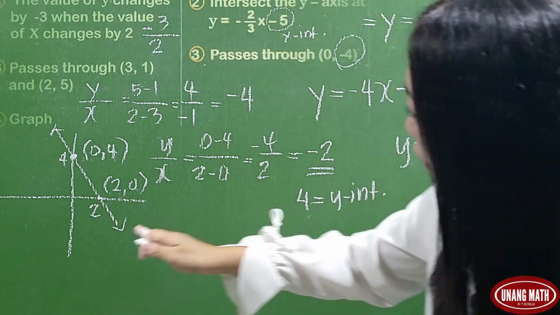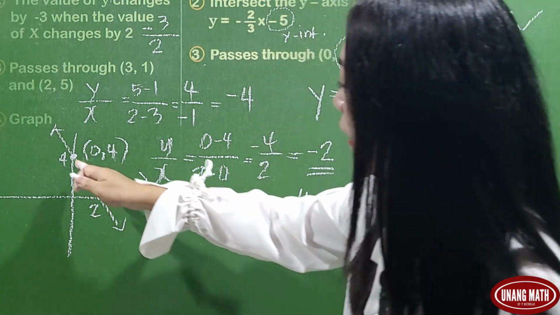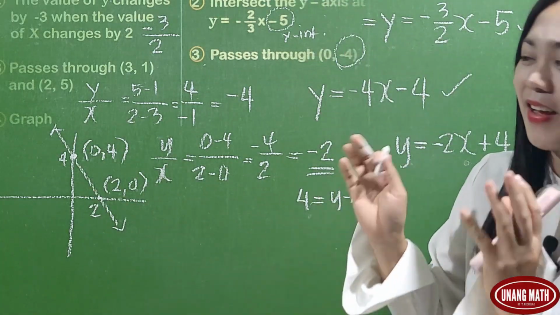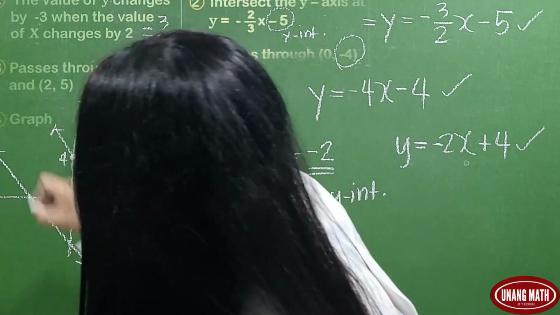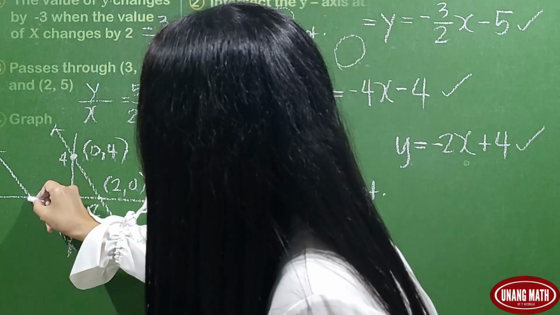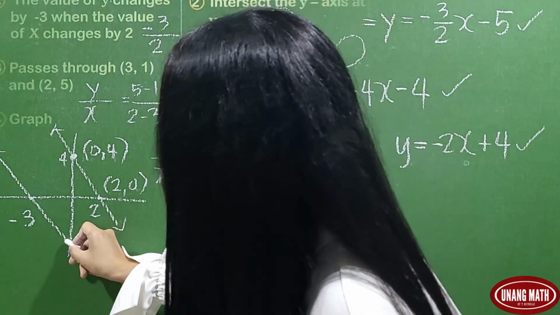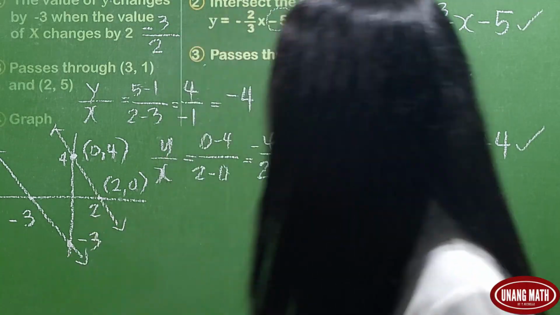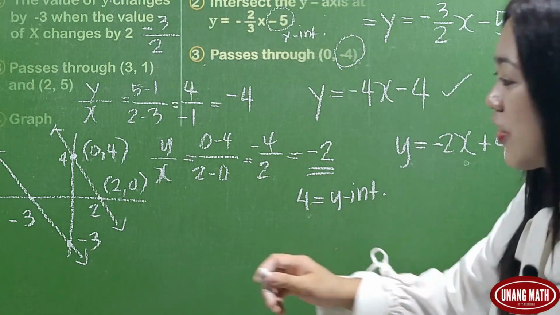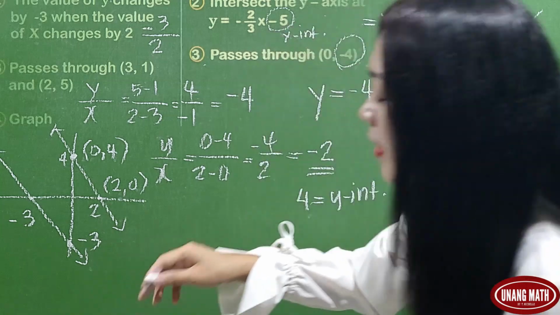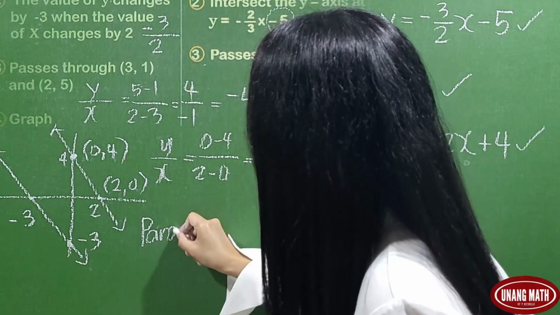Okay, there's another thing that we are going to take a look at. What if they give parallel graphs? Okay, what if the parallel graph is this one? Let's say this is negative 3, and this is also negative 3. So we are going to write the linear function for this graph. As I mentioned a while ago, these two graphs are parallel.